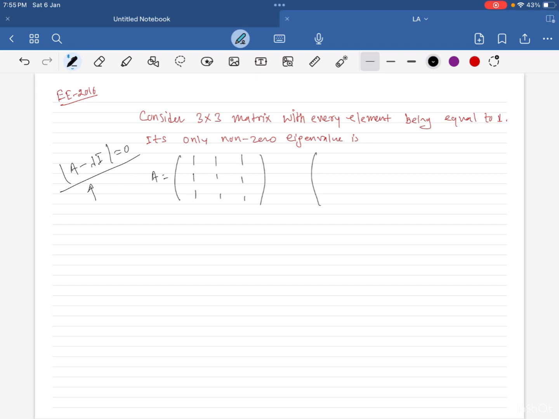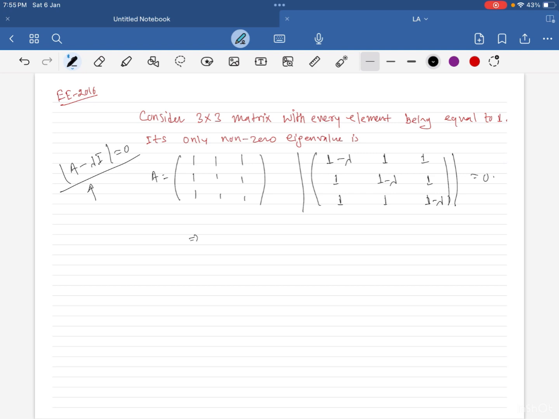It will be the matrix with rows 1 minus lambda, 1, 1; 1, 1 minus lambda, 1; 1, 1, 1 minus lambda. Now we will have to take the determinant of this, right? So the determinant should be equal to 0.